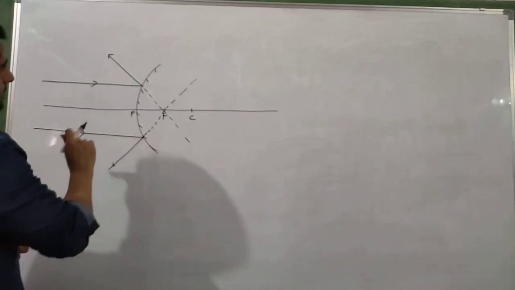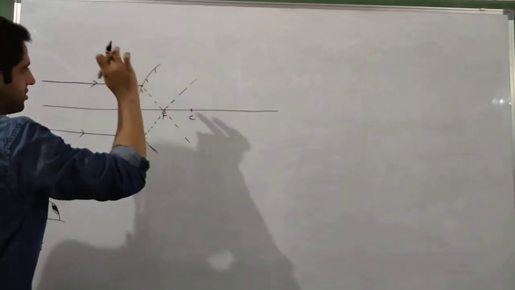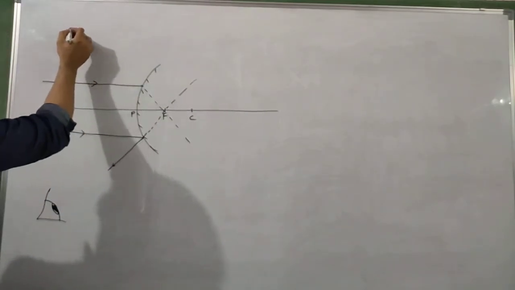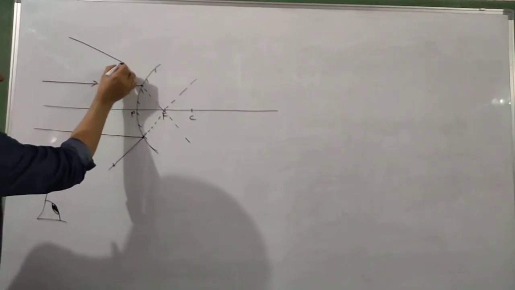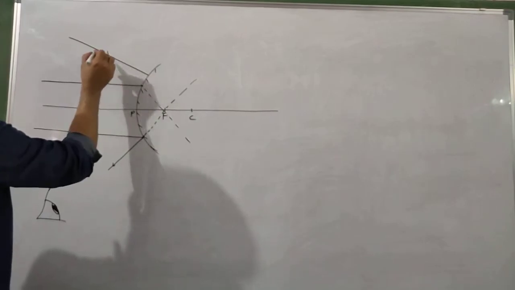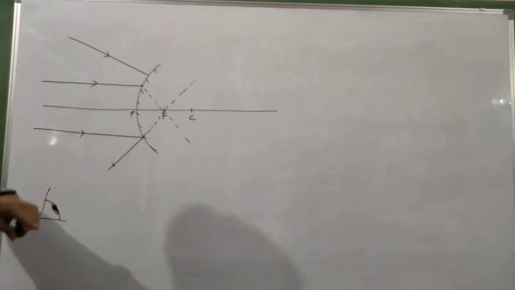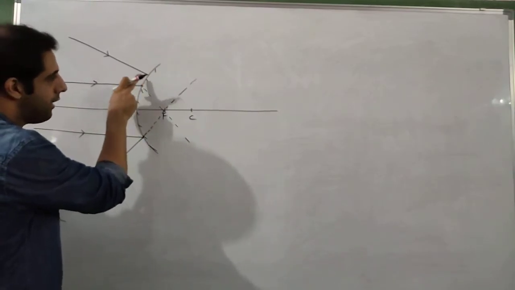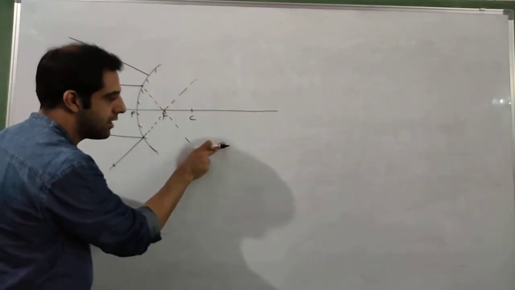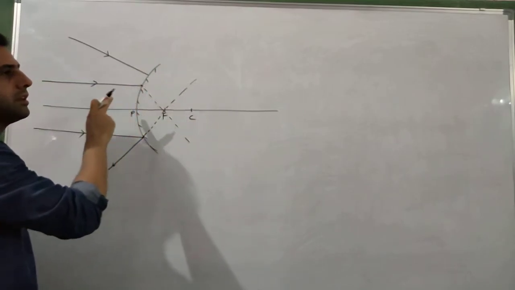Second rule is, I'll just delete this one. Second rule is, suppose the ray is coming like this, and this is one out of infinite rays, one ray which would have passed through the center of curvature if there was no mirror in the way.